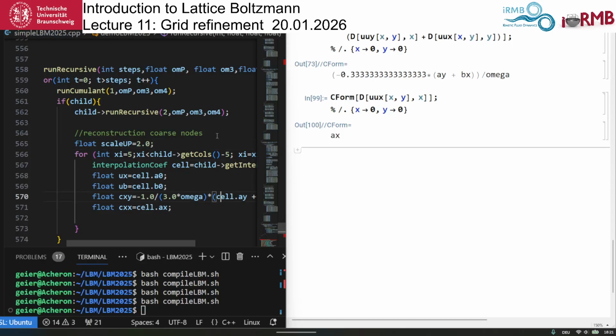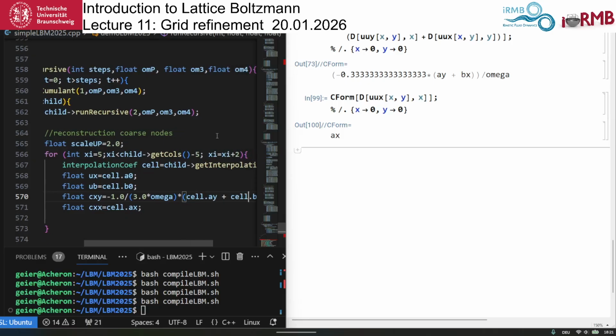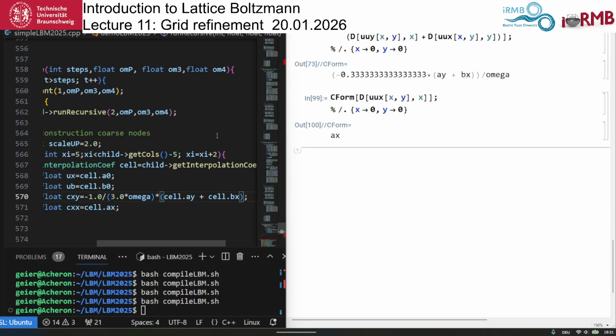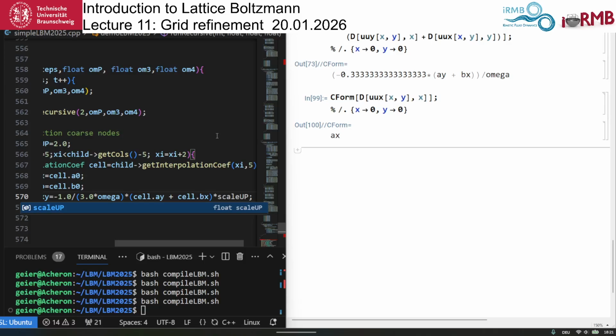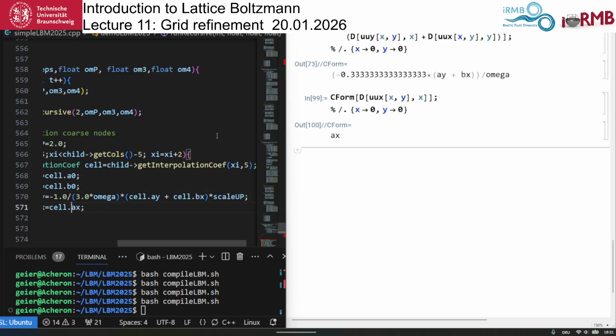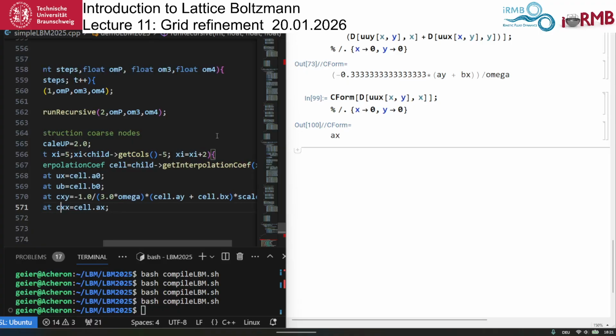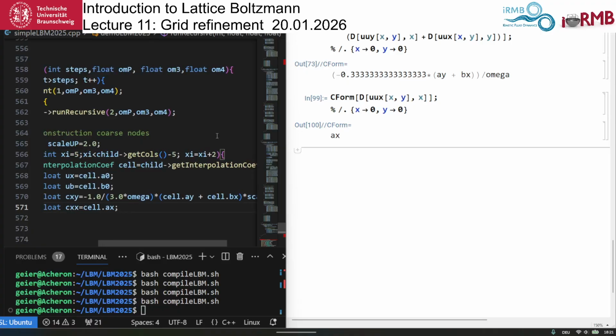So scale up is 2. We'll have to say this is scale up. And something similar here. Hopefully this is correct.